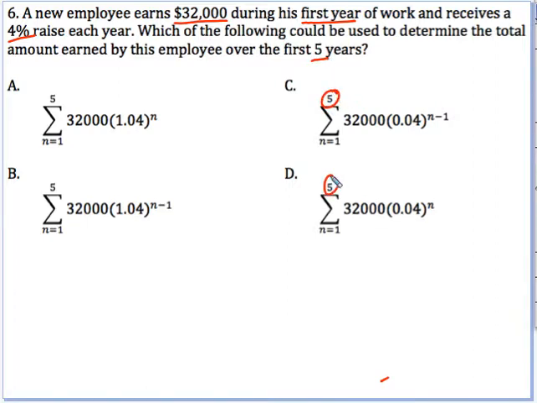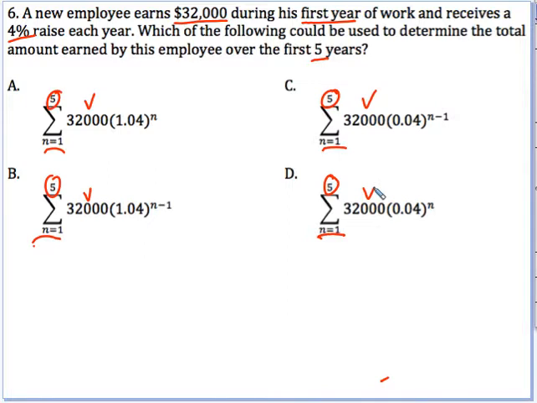Notice that all of these have 5s up top, so that's correct for all of them. I want to know the first 5 years, so notice all of these have n equals 1, so that checks out on all of those. And then I have 32,000, checks out here and here, here and here is correct.